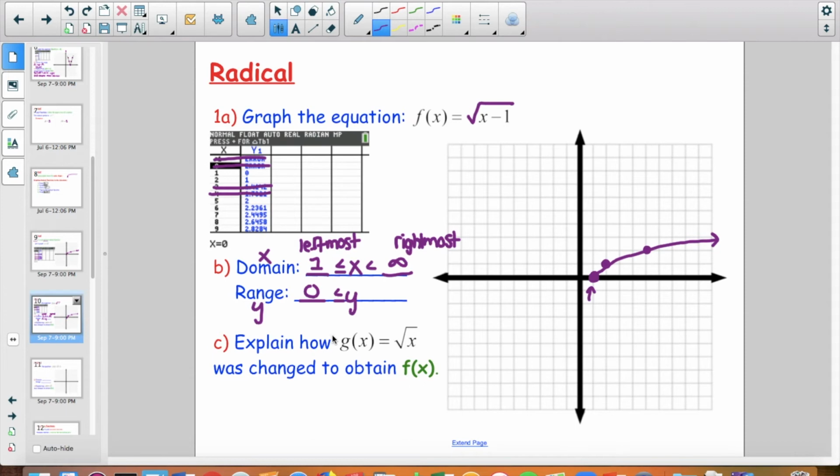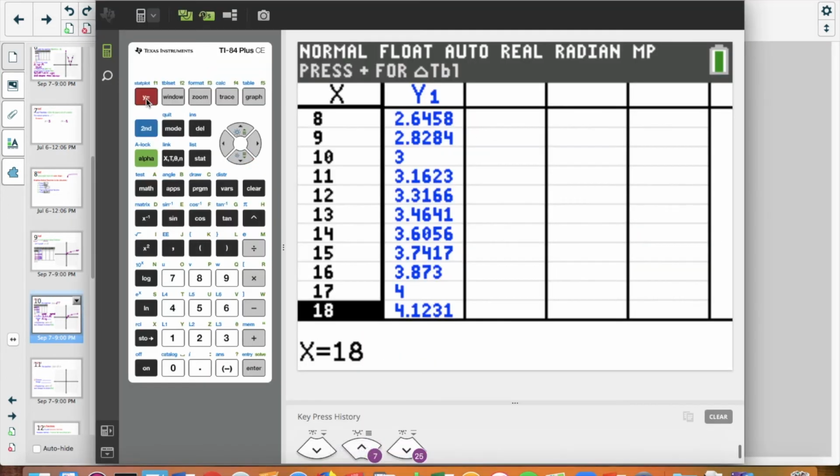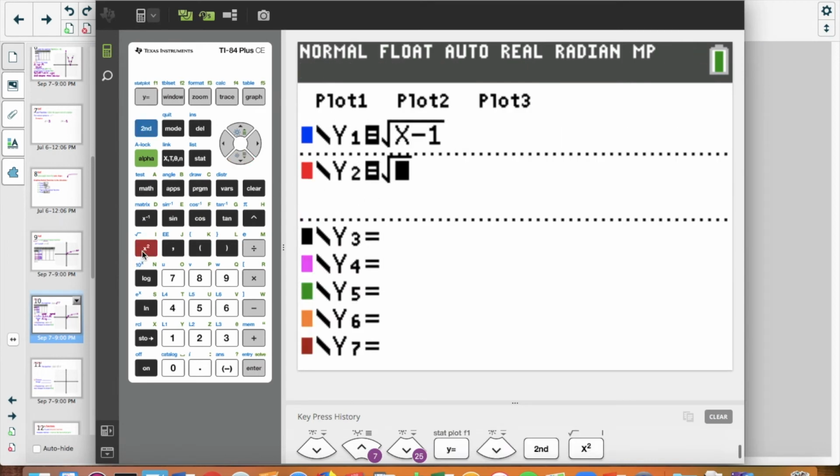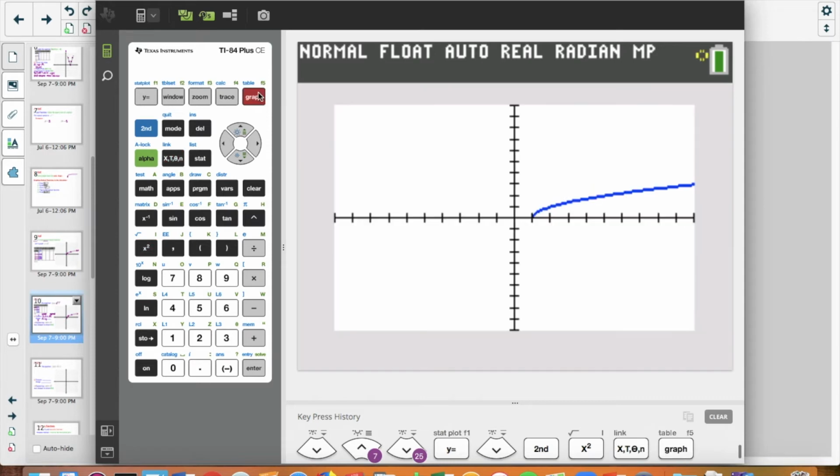So last question, explain how g of x equals the square root of x was changed to obtain f of x, which is our graph. So we're going to type them both into y equals to compare. We already have what ours is. Let's write the original, and this is what we have.